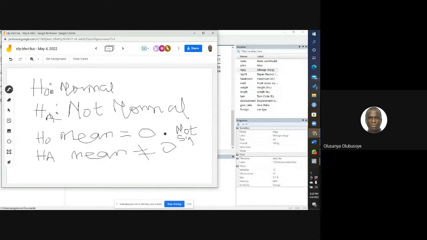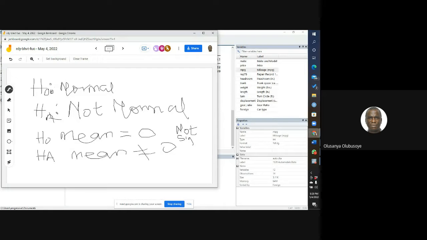So when we say the population value is not significant, we are actually saying that it's not different from 0. In the same way, if you now reject this null hypothesis, then you can conclude that yes, the mean is significant.